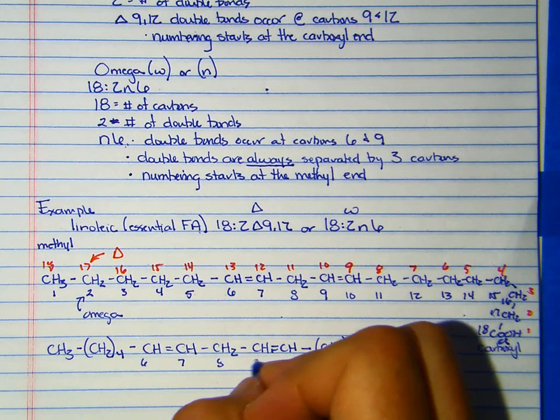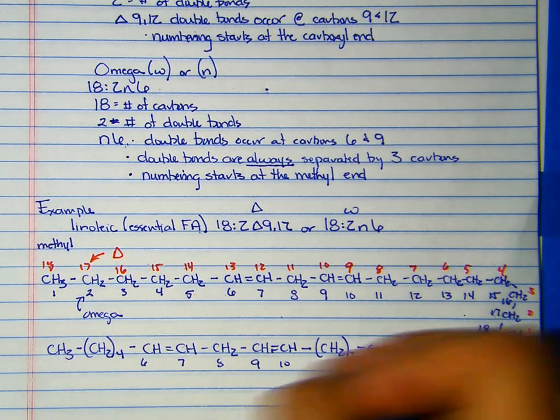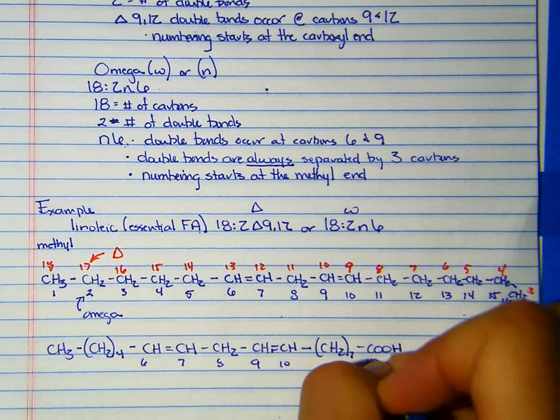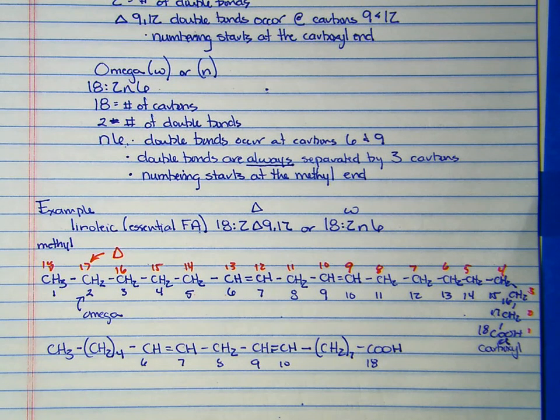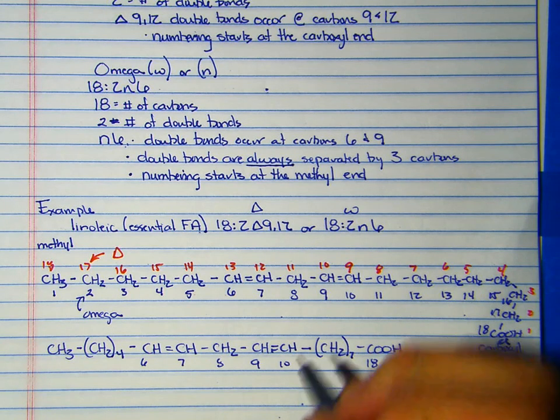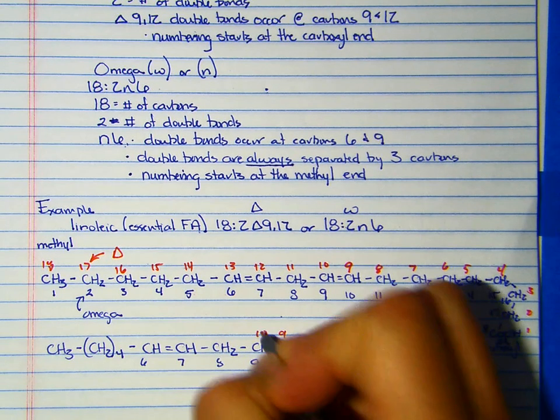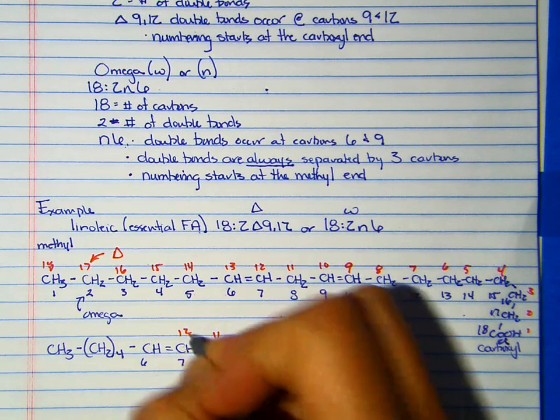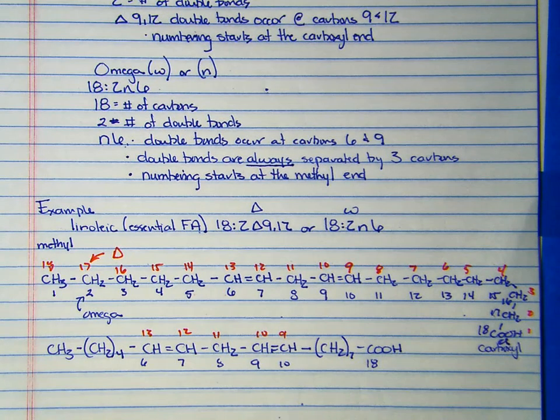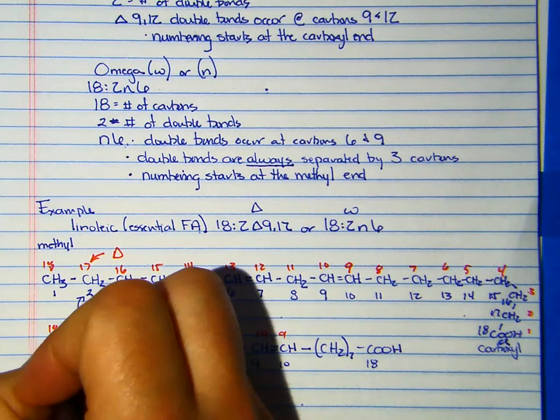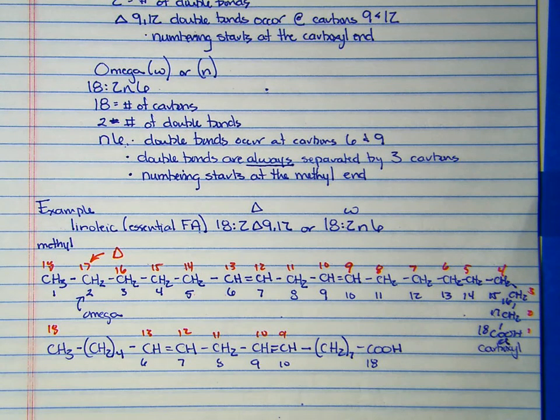These are carbons 8, 9, and 10, and then this would be carbon 18. That's probably the easier or shorter way to write it and makes it fit on your paper. And in the delta system, this is carbon 9, 10, 11, 12, and 13, and 18. Okay, so that's the same one, just in a shorter form.